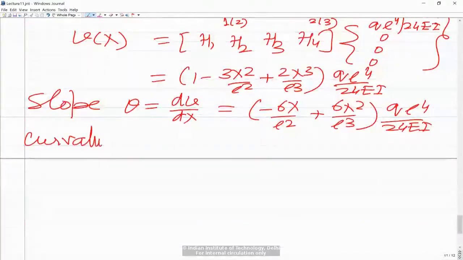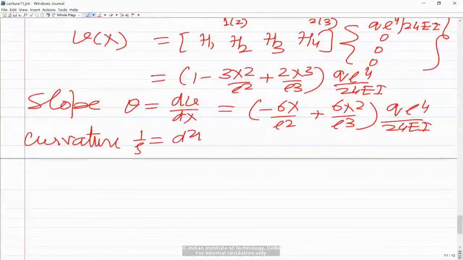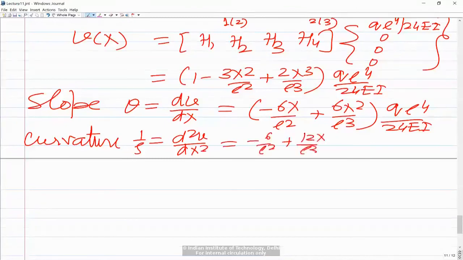Same way, the curvature. You know that all these things are similar to the first element. So d2v by dx square is going to be minus 6 by l square plus 12x by l cube into q l power 4 upon 24 ei.